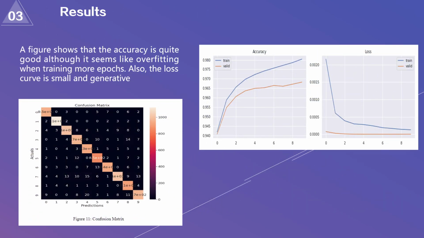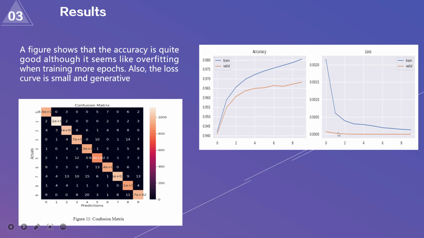I ran it, and the model I got, you can see in the accuracy and loss. The training accuracy is quite good. It seems like overfitting when we train more, and the loss curve is small.